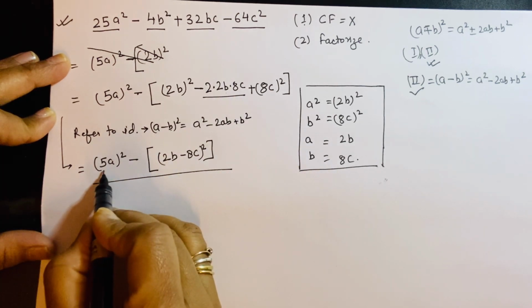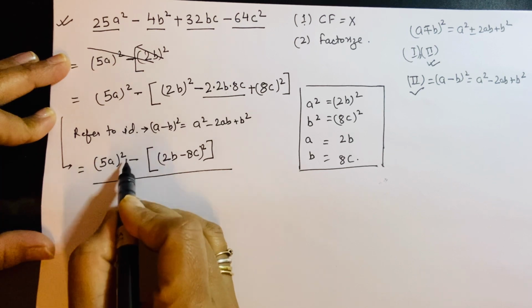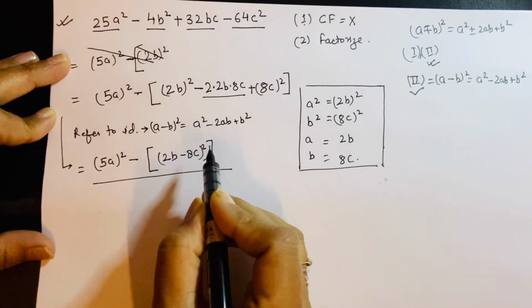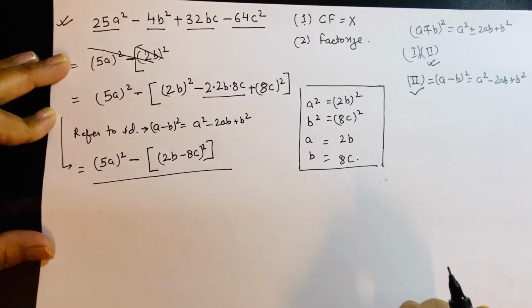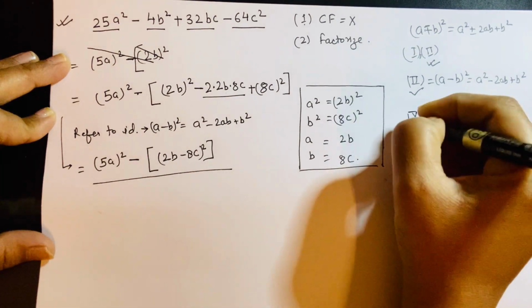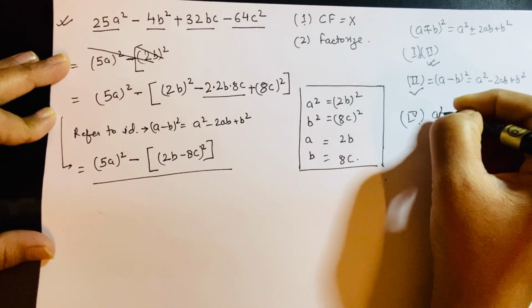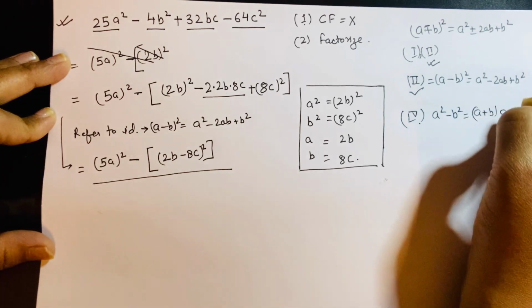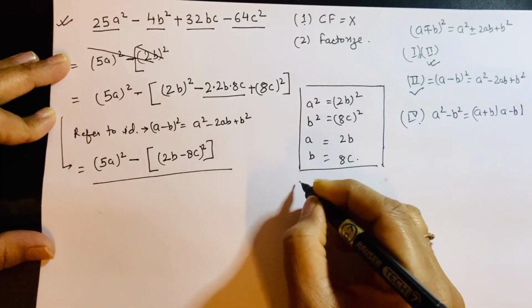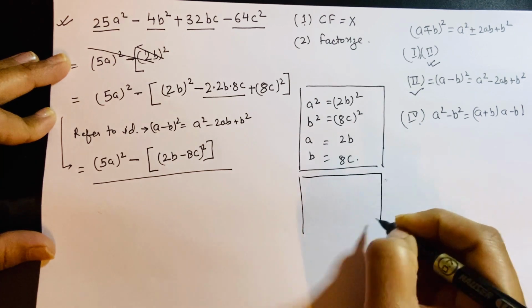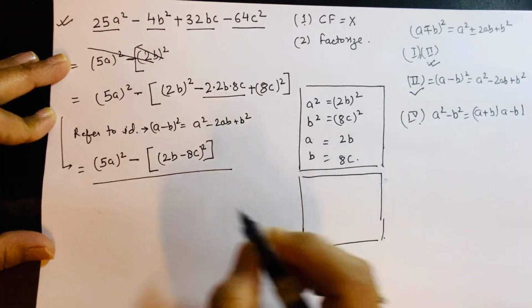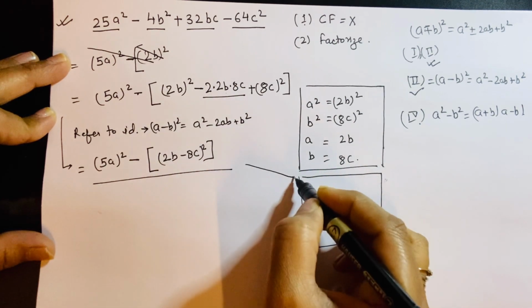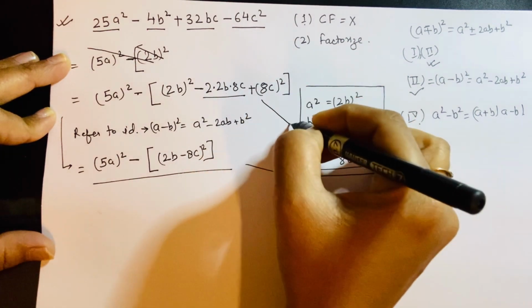Here you can see this is one identity whole square, other identity whole square, and there is a minus in the center. So what is identity number 4? A square minus b square is equal to a plus b and a minus b. So again, in a small box you will write, this box is for this equation.